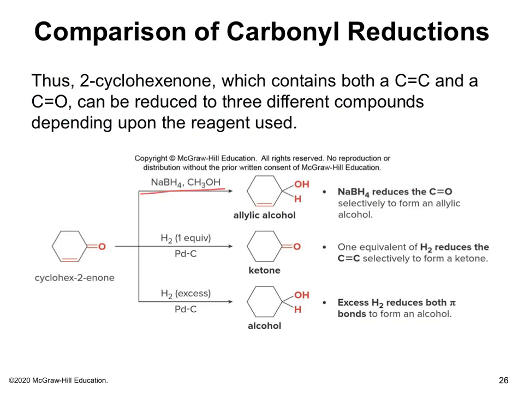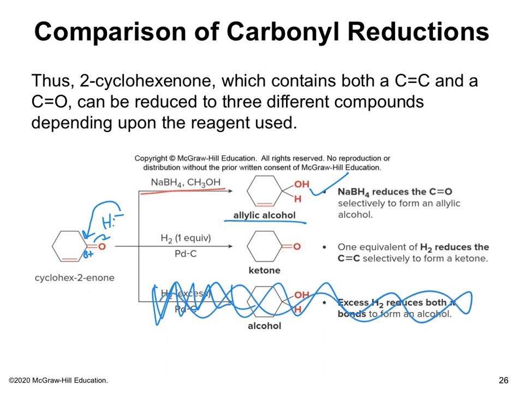If you use sodium borohydride, then you're going to add the hydride to the carbonyl to get an allylic alcohol. And we just don't even worry about this one. If you add hydrogen and palladium on carbon, it's very hard to control the equivalents of hydrogen gas.